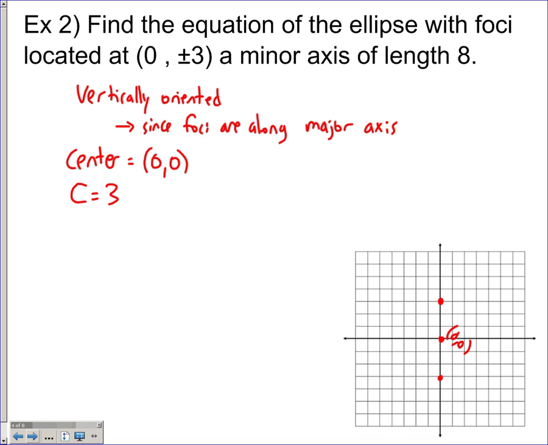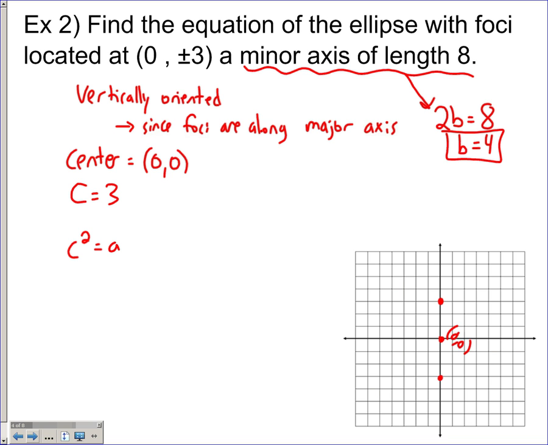The last piece of information I'm going to need in order to put the equation together are a and b. So I've got a minor axis of length 8. What that tells me is that 2b is equal to 8, which means that b is equal to 4. I'm going to use that information combined with c, and I get c squared equals a squared minus b squared.